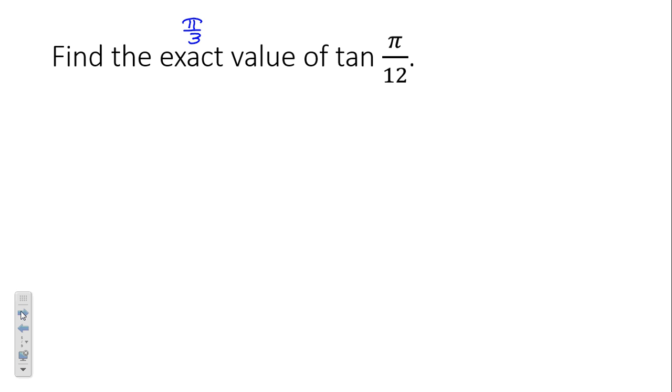Pi over 3 minus the pi over 4 should get us pi over 12, right? Because if we multiply this by 4 to get our 12ths, and multiply this by 3 to get our 12ths, 4 pi over 12 minus 3 pi over 12 gets us 1 pi over 12. So in this case, we want to make sure we have our pi over 3 first.